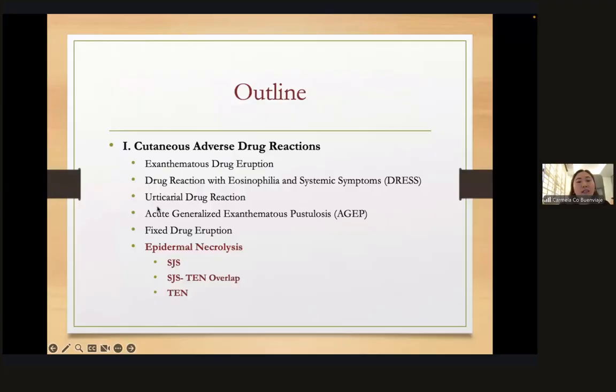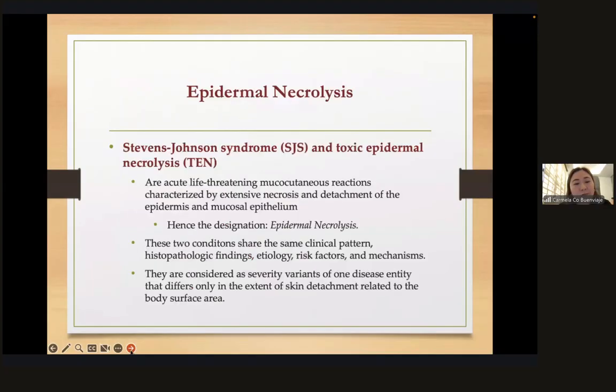Okay, so next we proceed to the most serious cutaneous adverse drug reactions, which is under epidermal necrolysis. Stevens-Johnson syndrome, SJS, and toxic epidermal necrolysis, or TEN, are acute life-threatening mucocutaneous reactions characterized by extensive necrosis and detachment of the epidermis and mucosal epithelium.